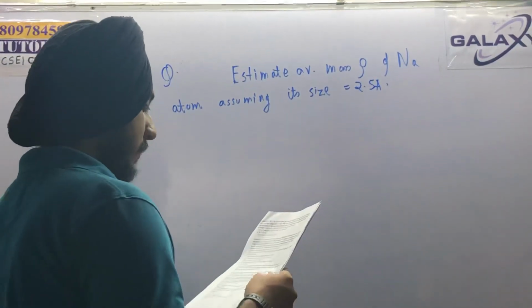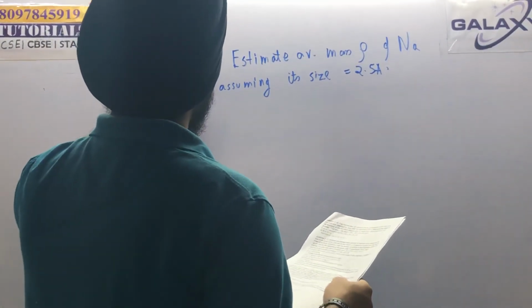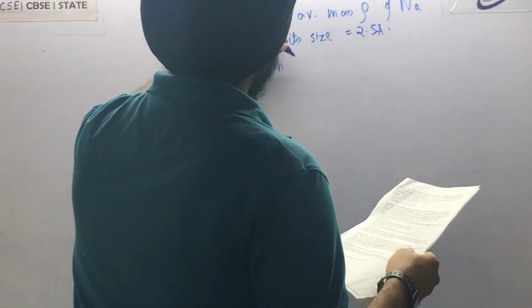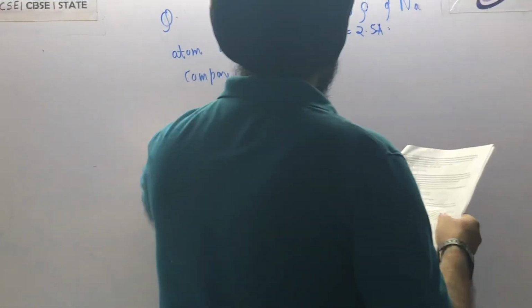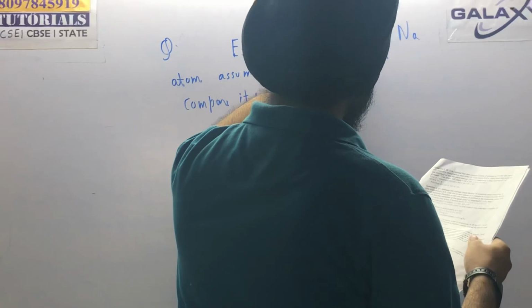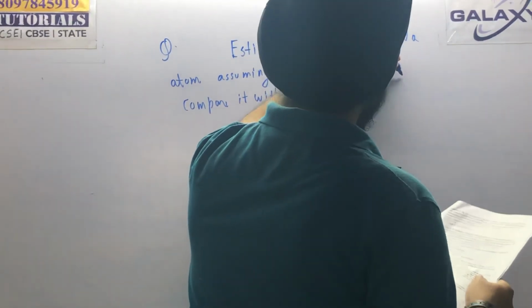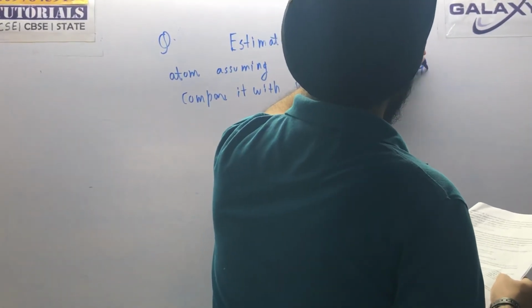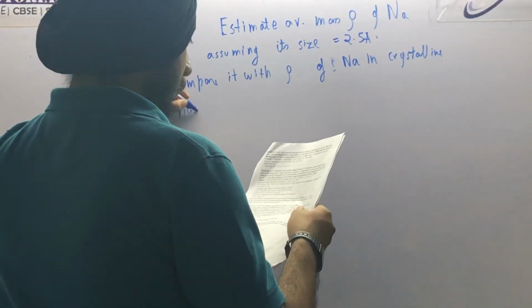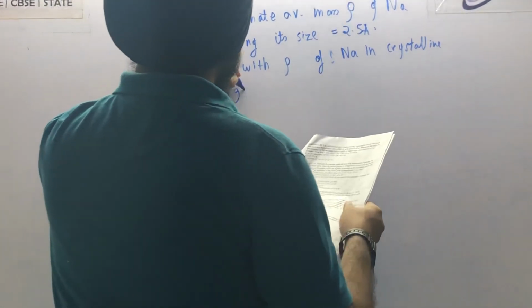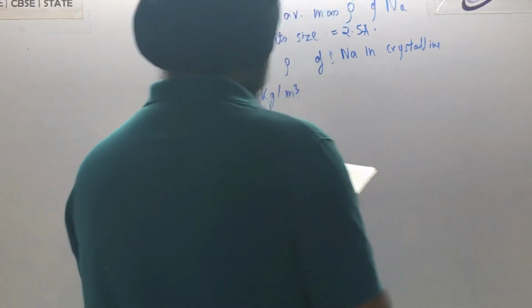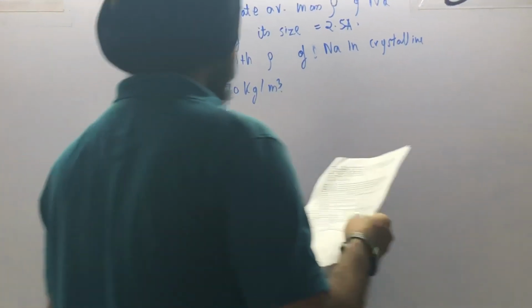Compare it with the density of sodium in crystalline phase, 970 kg per meter cube. Are the two densities of the same order of magnitude?